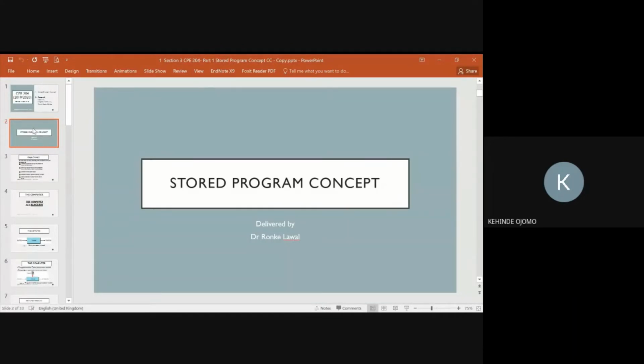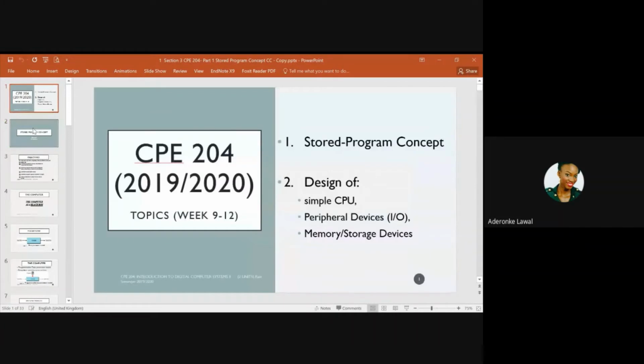Okay, so this is Dr. Rinkelawa speaking, and if you were in class last week, we met, and I introduced the first topic, which is the stored program concept. The second topic will be the design of the simple CPU, peripheral devices, memory and storage devices.